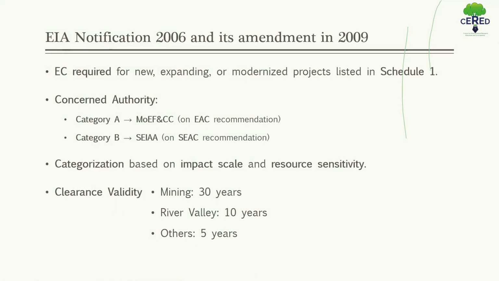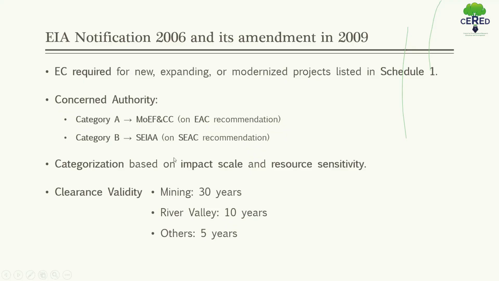Now, the 2006 notification refined the process. The projects were categorized into two categories, category A and category B. Category A projects are handled by MOEF and CC on EAC recommendations, and category B projects are recommended by SEAC or SEIAA.